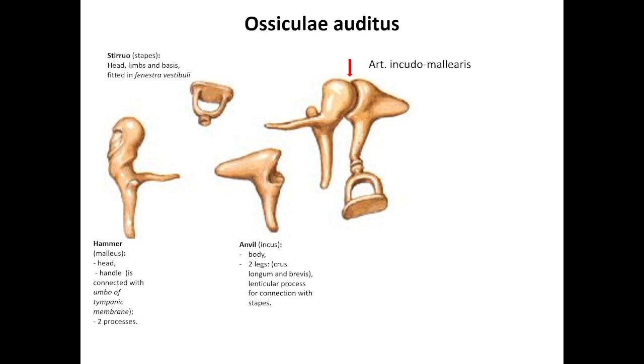So this arrow demonstrates articulatio incudomallearis, the joint between hammer and anvil. And here it is, the second joint, articulatio incudostapedialis. These bones are quite tiny, very small, less than 5 millimeters.